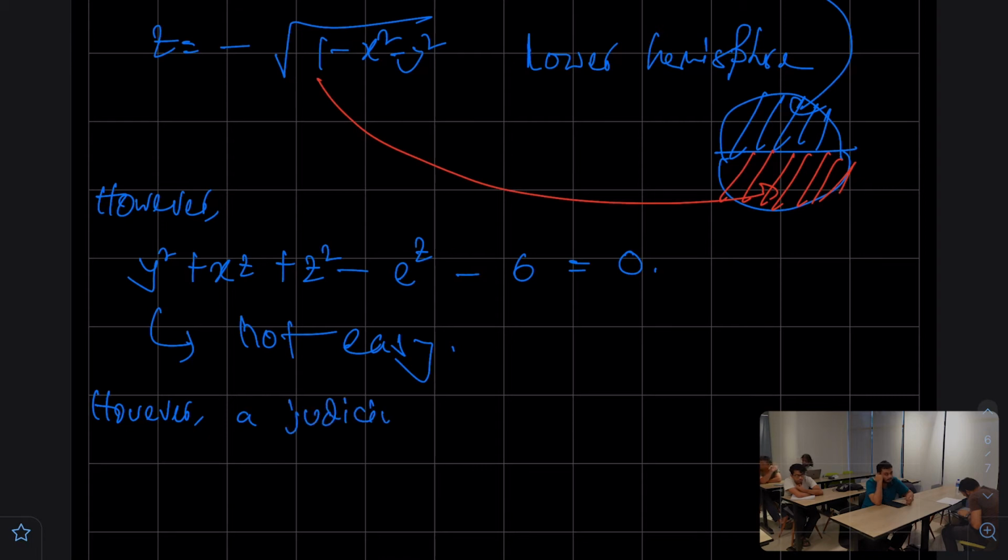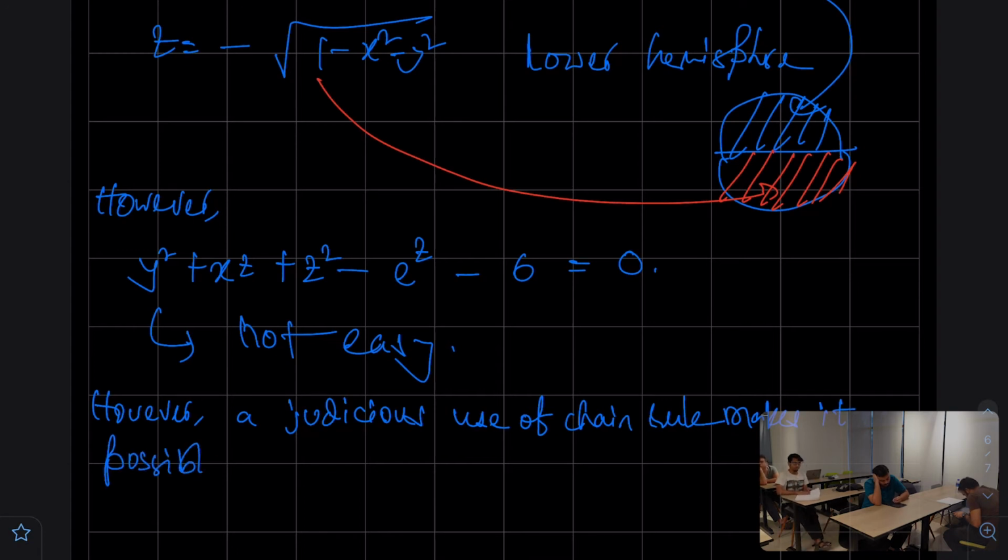However, judicious use of the chain rule makes it possible to find the partial derivatives of z with respect to x and y in this case.